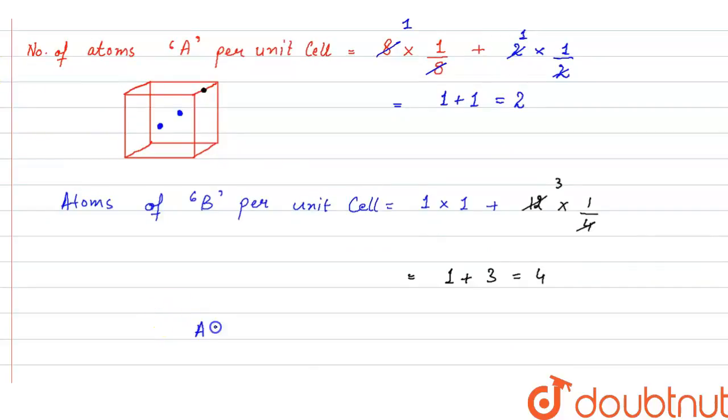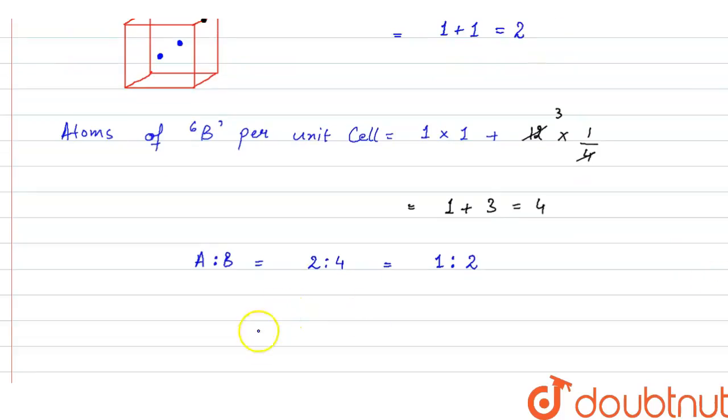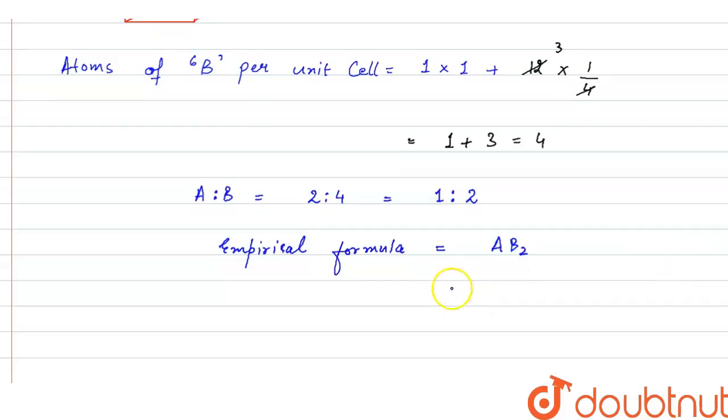So the ratio of A and B is equal to 2:4. So when we simplify, it will be 1:2. So the empirical formula of compound is AB2, right?